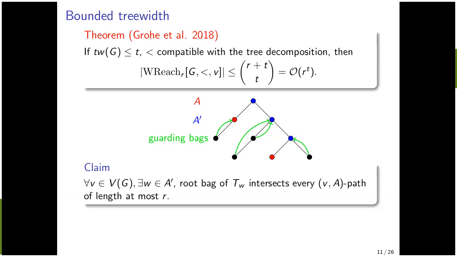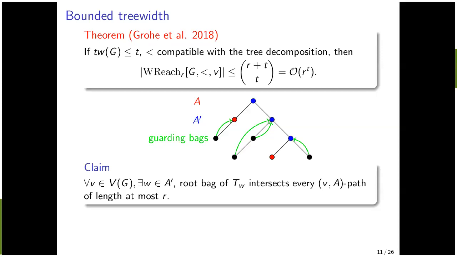So why can't you just take a bag containing the root of V? Yes, true. But here the goal is to build a family of guarding sets which is as small as possible.